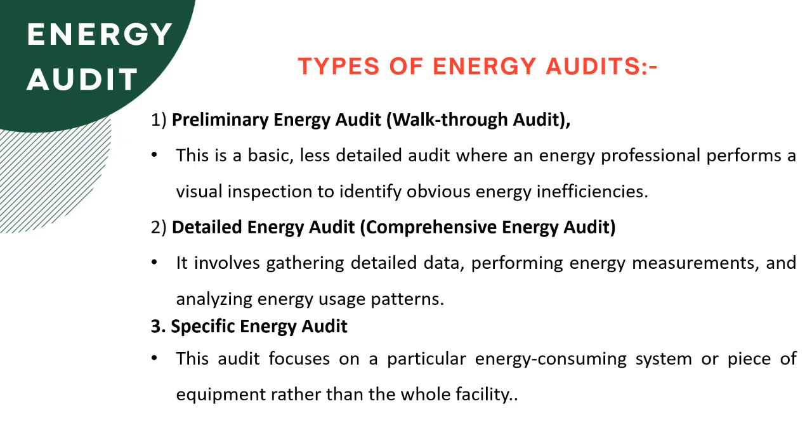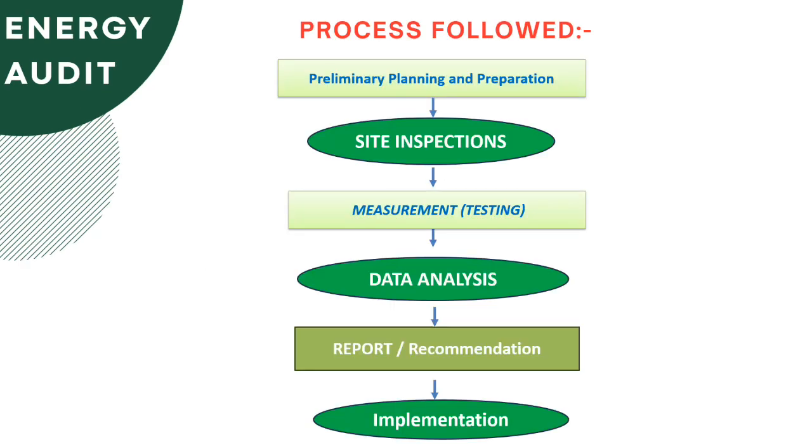Fine. Now coming to this important part, which is the step by step process followed for energy audit. In this we will see what is the process we follow at site. First one is preliminary planning and preparation.